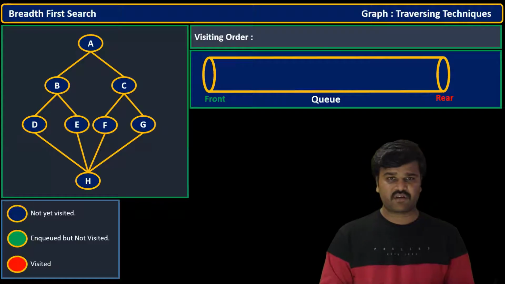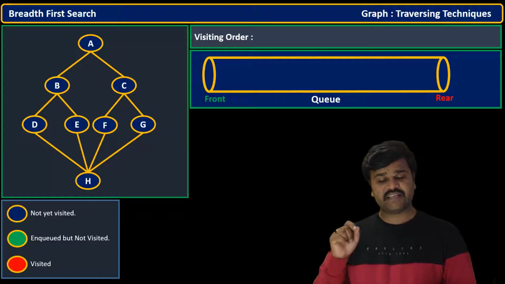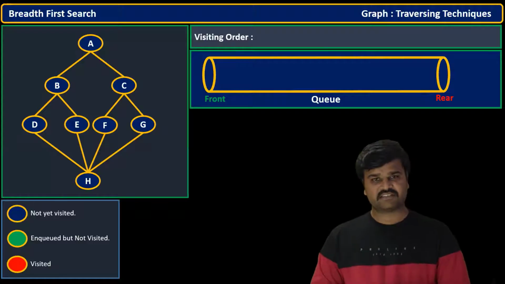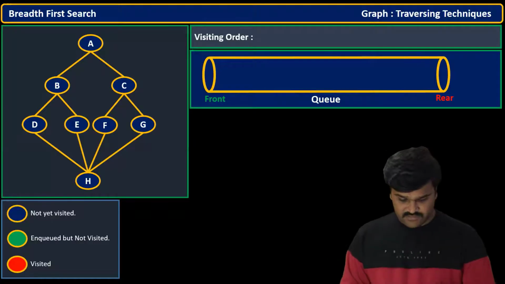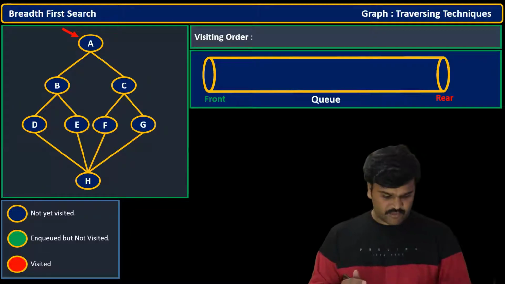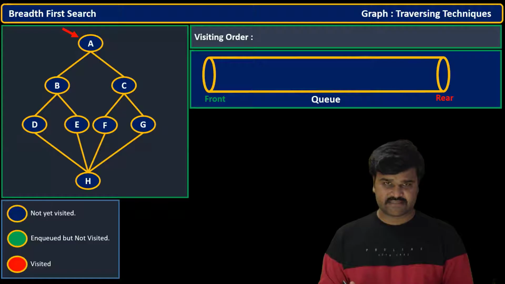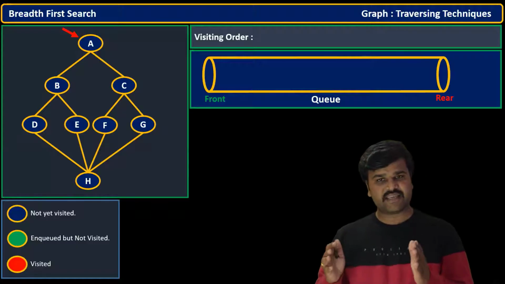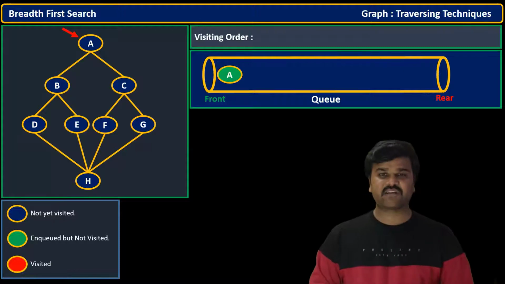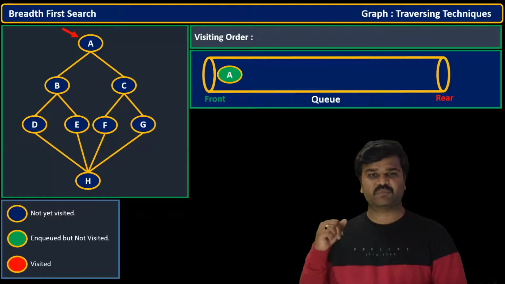But in the case of a graph, you can select any vertex randomly, and from there you can start traversing. So first of all, we are going to select the vertex A. The moment you select the first vertex, you must enqueue that vertex. That is why you can see we enqueue that vertex into the queue.